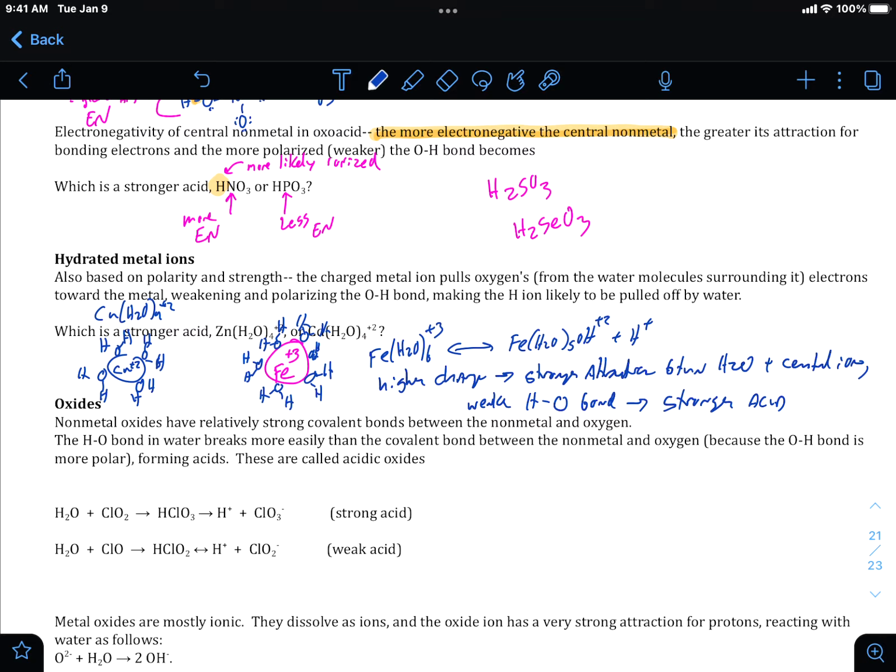How come we don't address 4d metals or 5d metals as complex ions that are acidic? What is the difference between the elements at the top of the d block versus the bottom of the d block? Very generally, what's the difference?